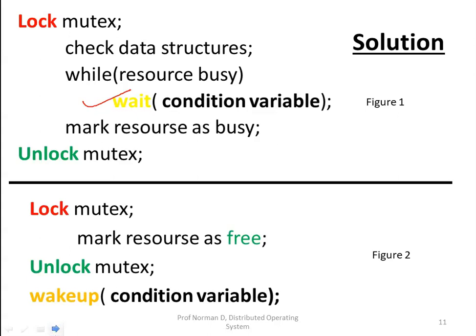In the second figure, when the thread holding the resource frees it, it calls the wake up, which is defined to wake up either exactly one thread or all the threads waiting on the special condition variable. So this is the solution that can be used.